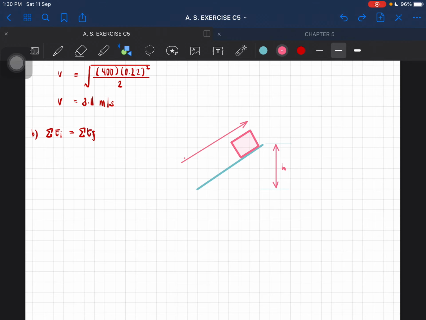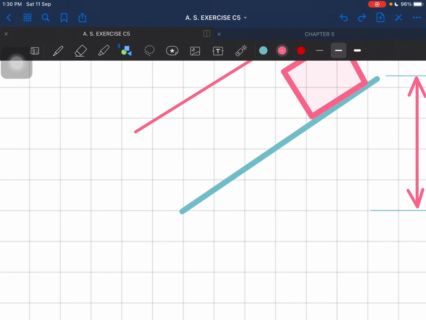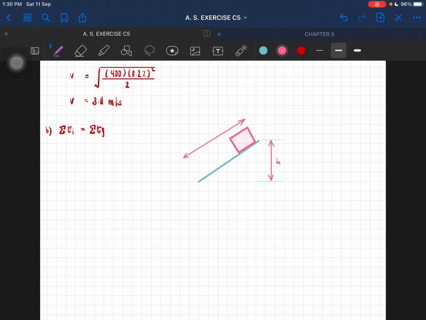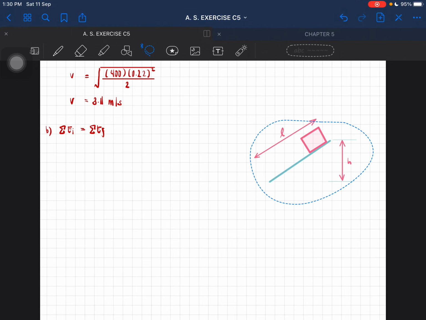This is what we are looking for, L, the value of L.